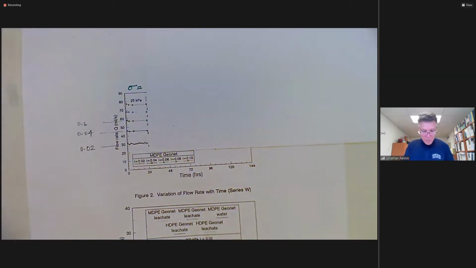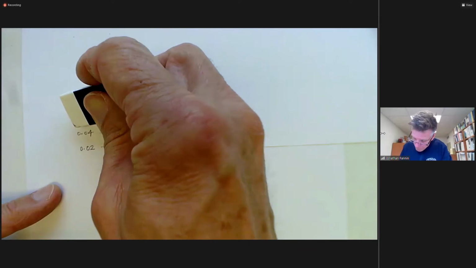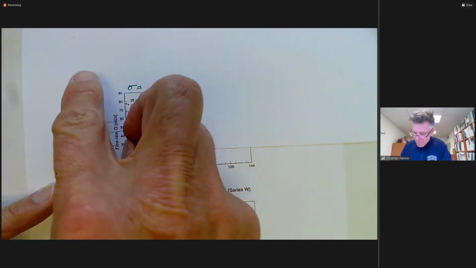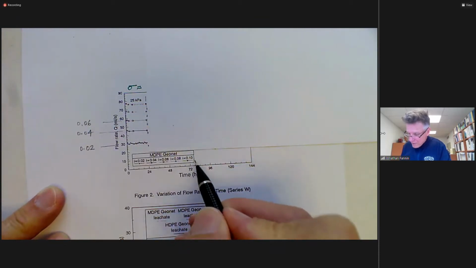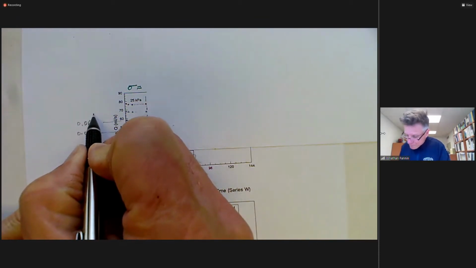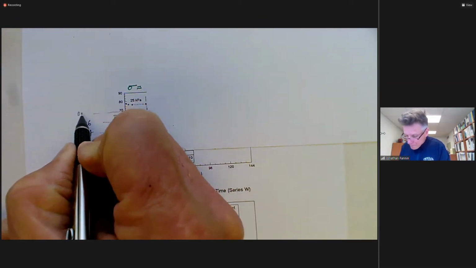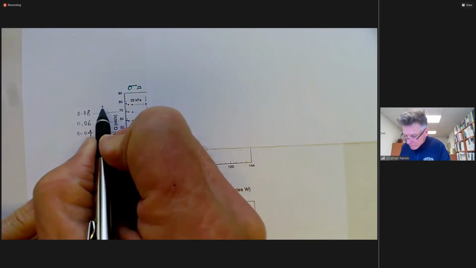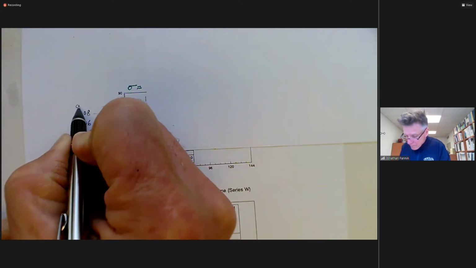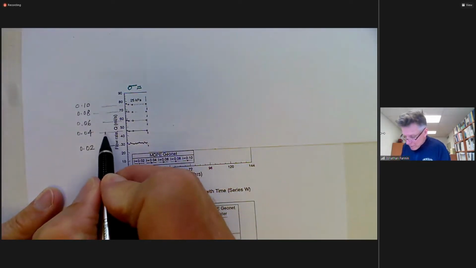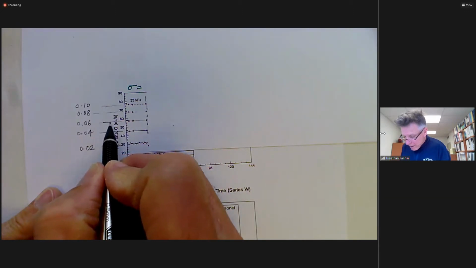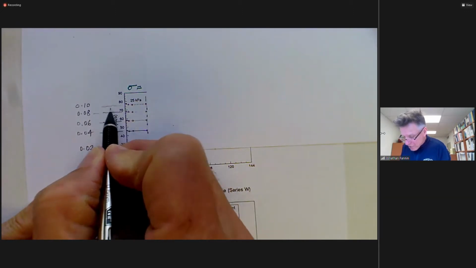Oops, bear with me. 0.08 and 0.1. Okay, and by inspection, we can almost see where we're going to be heading with an observation on these data.